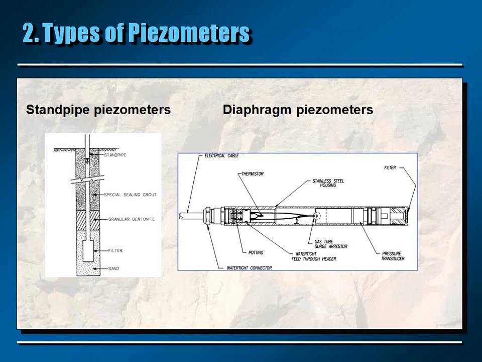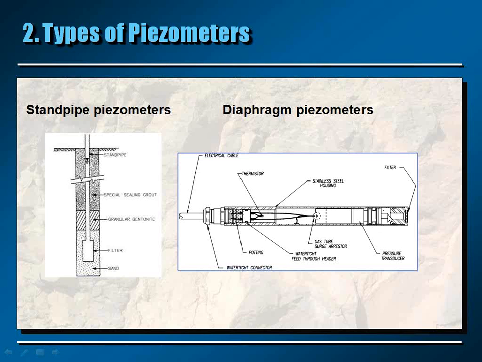Over the years, different types of piezometers were developed, and most of them work under the principle of the diaphragm piezometer. A diaphragm piezometer is a piezometer in which there is a diaphragm, and the water gets inside the piezometer, and the water pressure acts directly against this diaphragm.